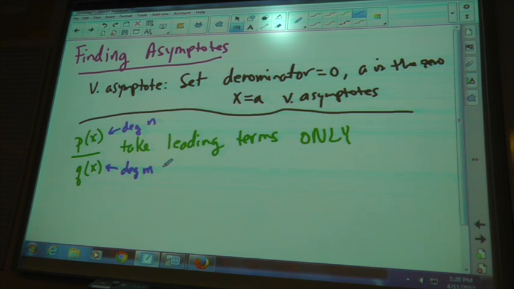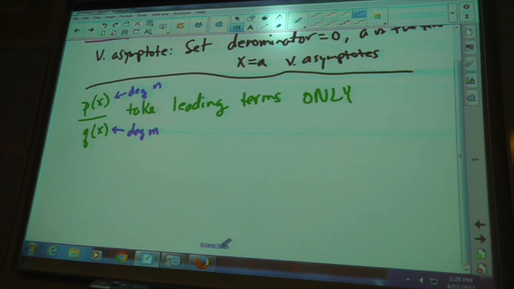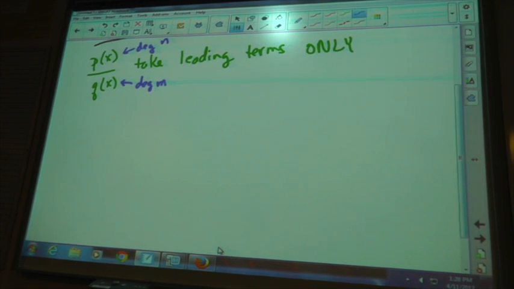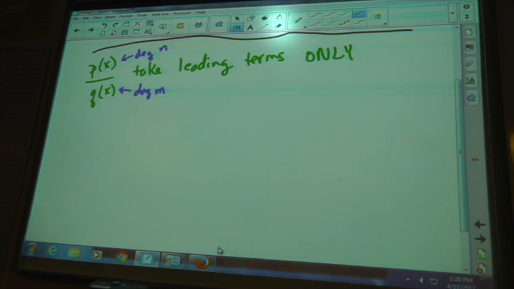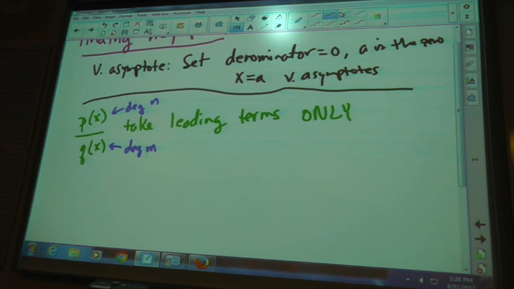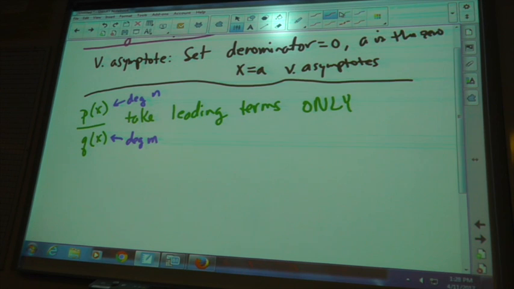There's 3 possibilities if you compare n and m. Either n is greater than m, n is equal to m, or n is less than m.